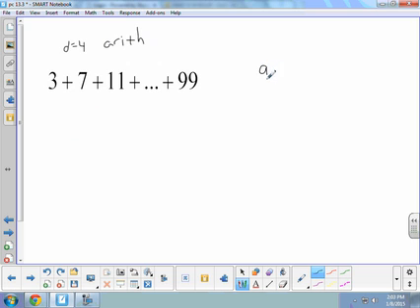Take 99 minus 3, and it's changing by 4 each time, so that's why I'm dividing by 4. You end up getting 24. However, the trick on this one is you have to add one more, because that's actually 24 numbers past the 3. So there are 25 terms here. So n is going to be 25.